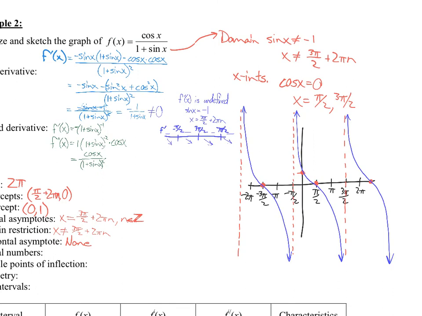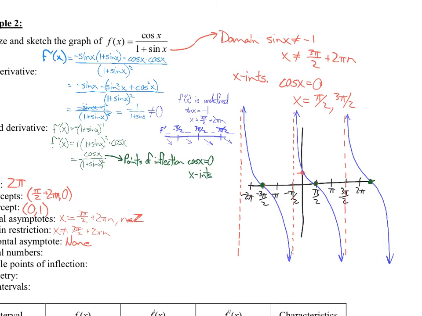So points of inflection are where cosine x equals 0. Those were the x-intercepts that we found before. So hey, there's a point of inflection, point of inflection, point of inflection.